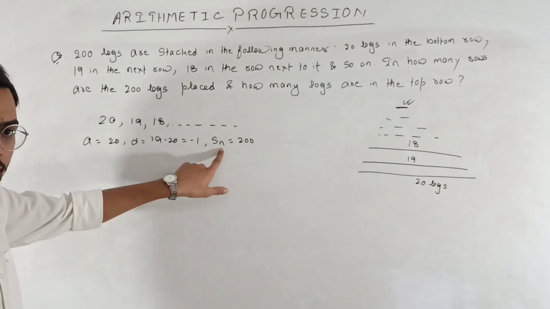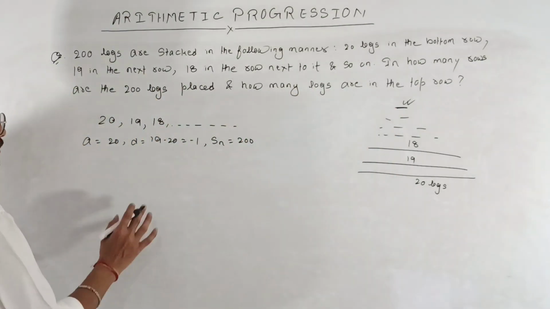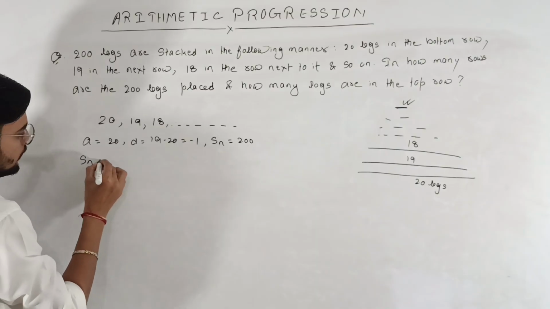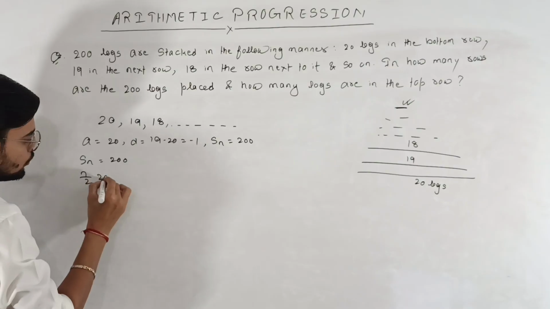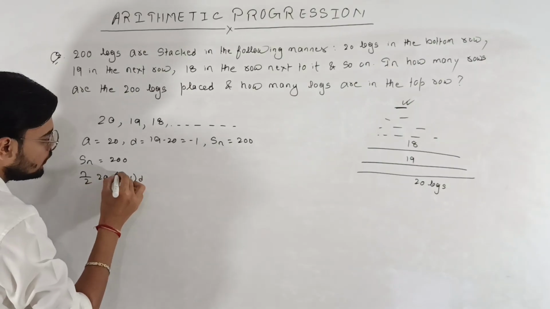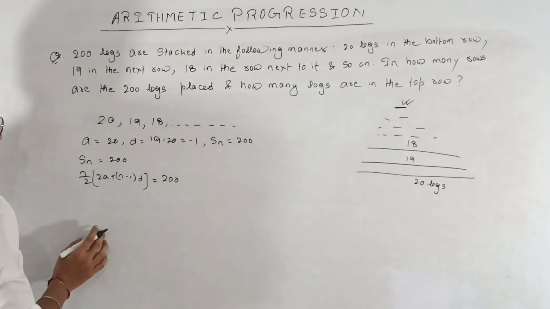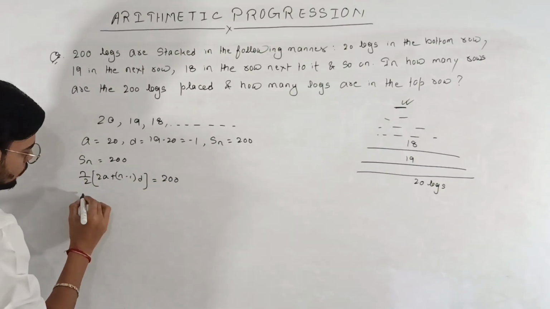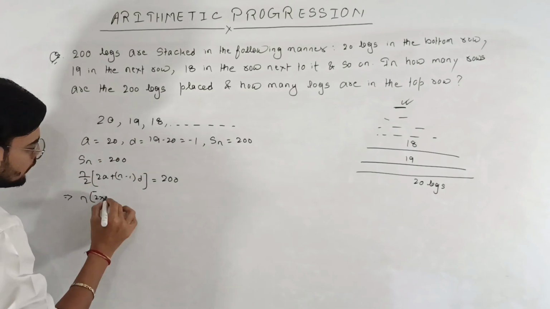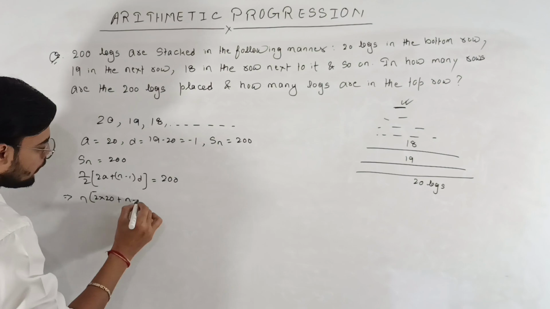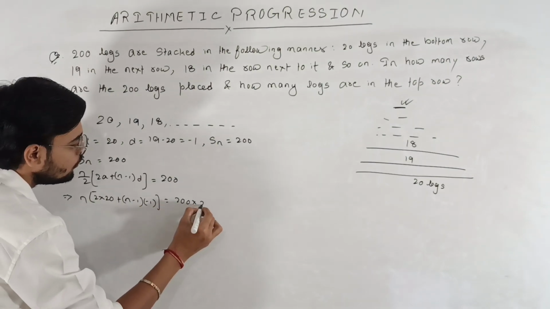Now we have to find n first, then the number of logs in the top row. So first let's find n. Sn is 200. The formula of Sn is n upon 2 into (2a plus (n minus 1) d), equal to 200. Now this 2 goes to the other side. So here we have n into (2 times a, which is 20, plus (n minus 1) into d, which is minus 1), equal to 200 into 2.